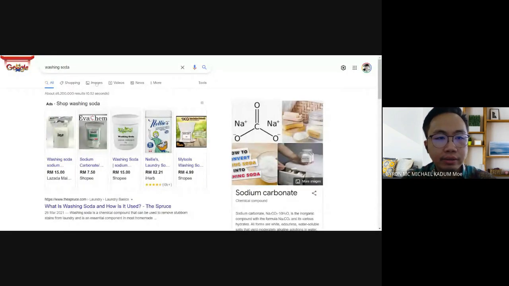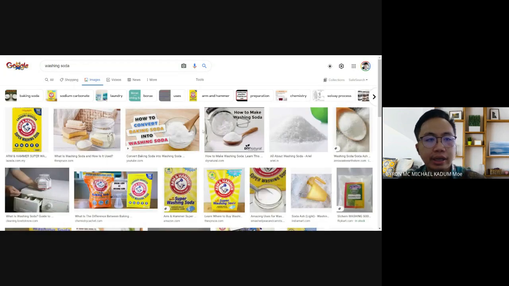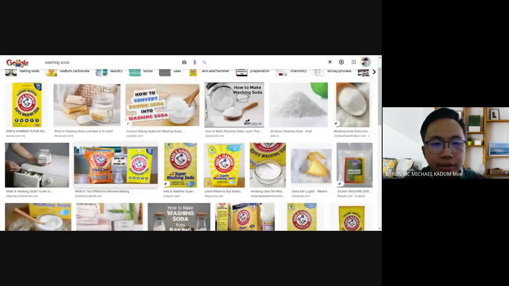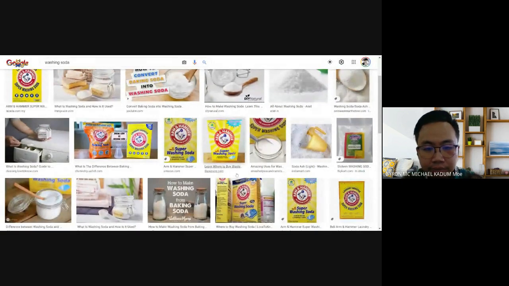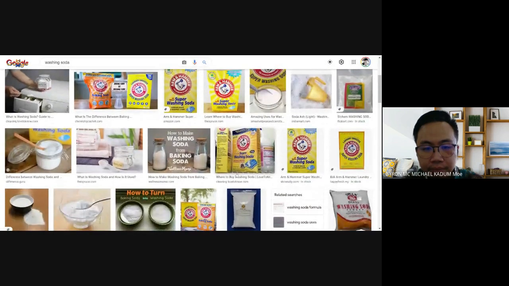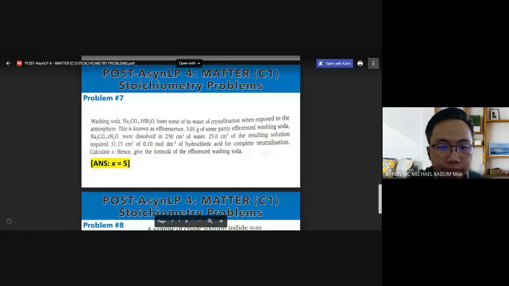Inilah washing soda kita sekarang ni. Okay, so this is the hydrated version. Dia dalam bentuk crystal lah. And the structure is just like what you have looked at just now here.